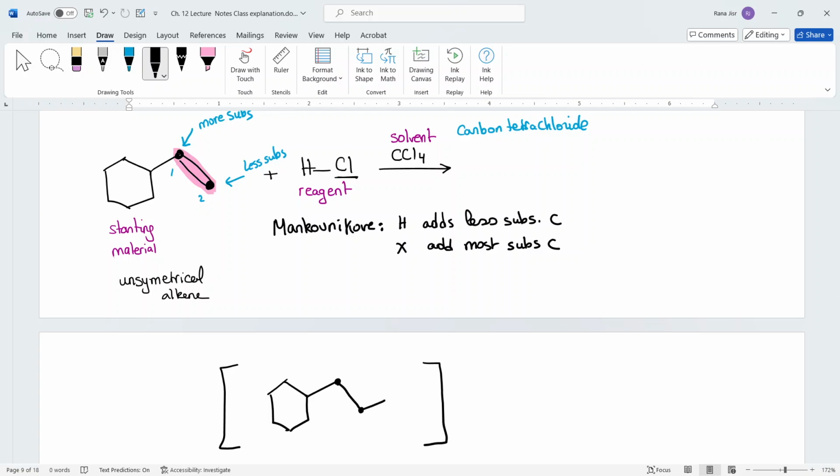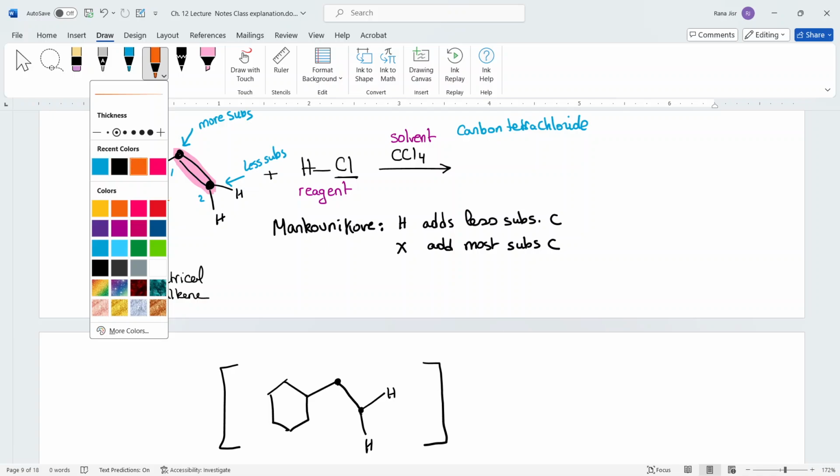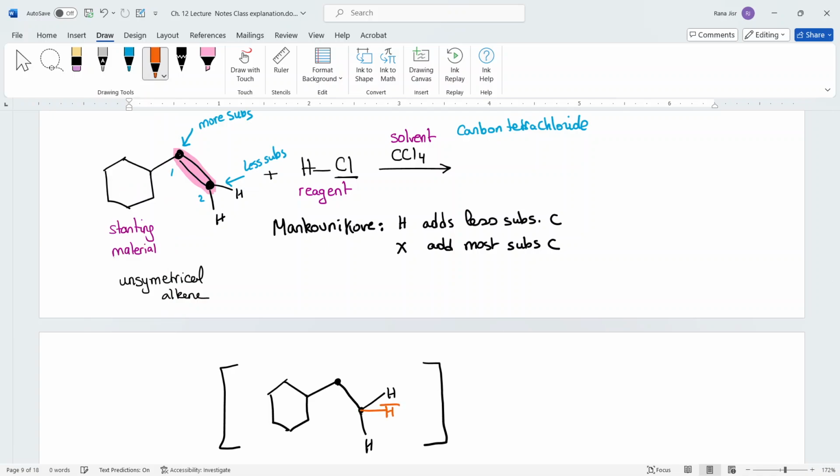Now, the moment I add the hydrogen on this carbon, because it is a less substituted carbon, this is the addition of the hydrogen in there. Remember that I do have 2 hydrogens here. Okay, let's use another color in there. So these are the actual 2 hydrogens, and the hydrogen that I am adding is actually this over here. So I am adding this hydrogen to the less substituted carbon.